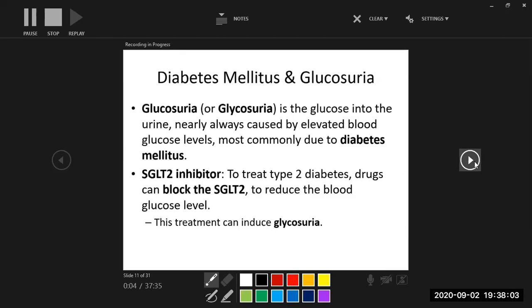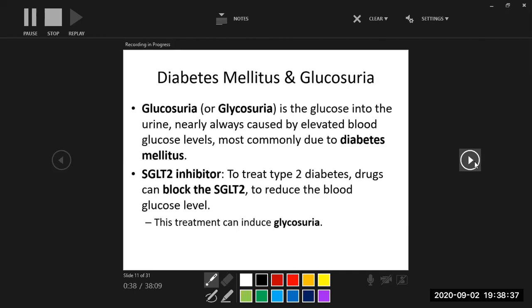In a pathological condition like diabetes, the plasma glucose is above the threshold, and some of the glucose will be reabsorbed, but we can only reabsorb this maximal amount, and the remaining portion will remain in the urine, and we will see it in the urine.